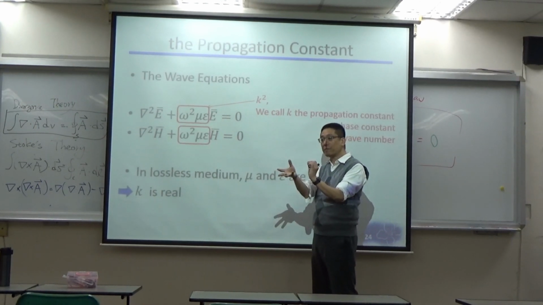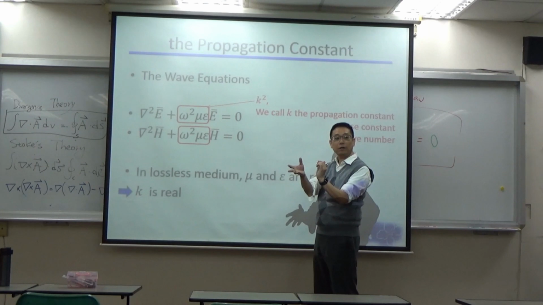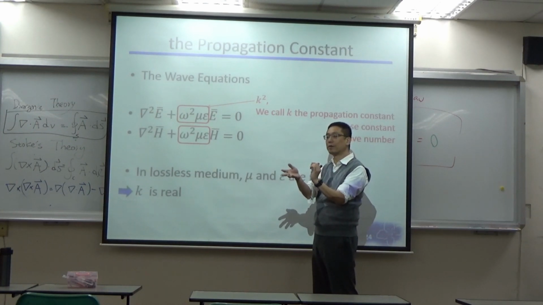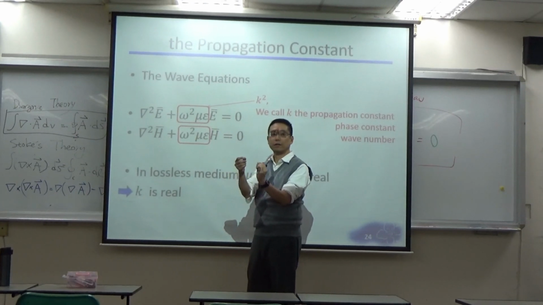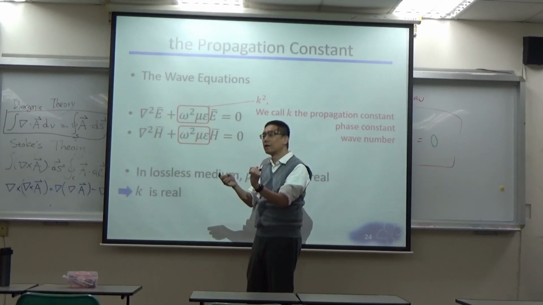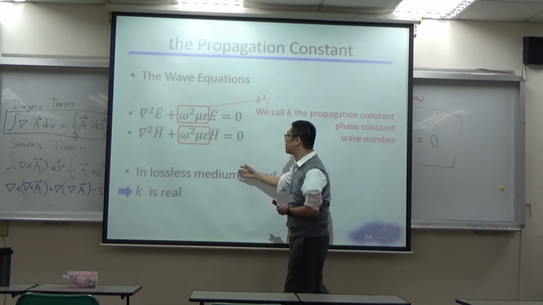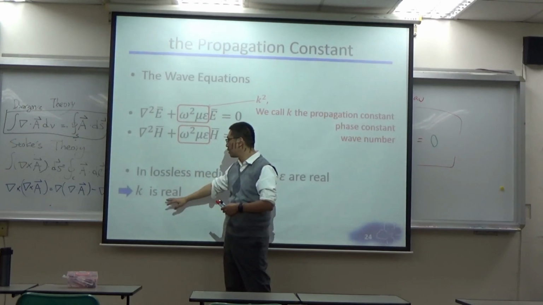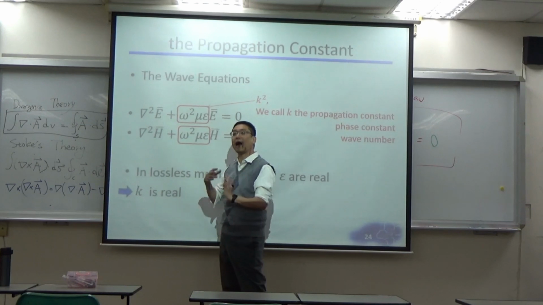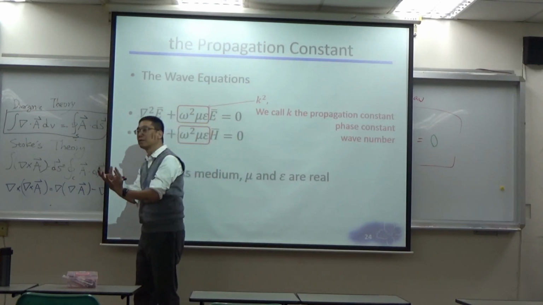Do you know real number? 你们知道什么是 real number 啊？就是实数的 number。Real number means 它就是一个数字，这就是一个实数，你知道吗？实数啊，相对的是虚数。If this is a lossy medium, k is not a real number. It is a complex number. You have a real part and an imaginary part.